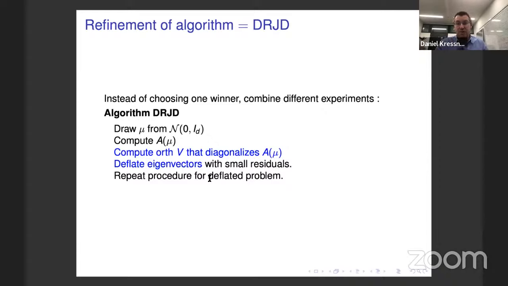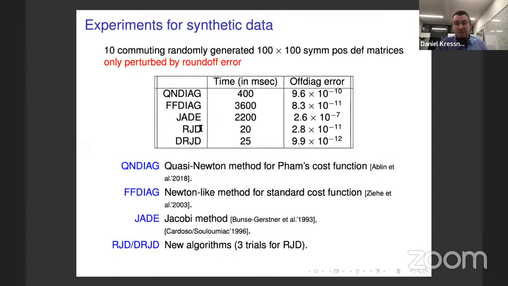So maybe in the first run you can only deflate half of the eigenvectors, and then you need another linear combination to deflate the other half. That would be a way of intelligently combining different linear combinations. There are certainly other ways, but we found this quite effective. This is an improvement over the very simple algorithm, which works better, but also has a disadvantage: it's not one line of MATLAB code anymore. It's maybe 10, 15 lines.